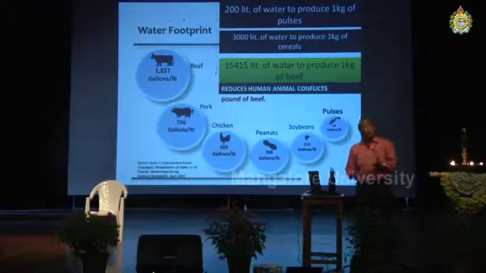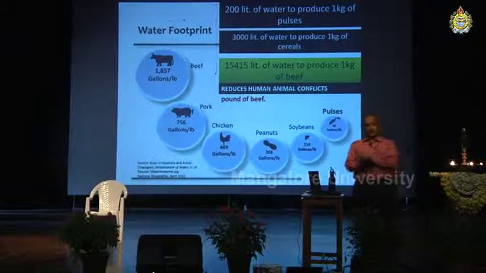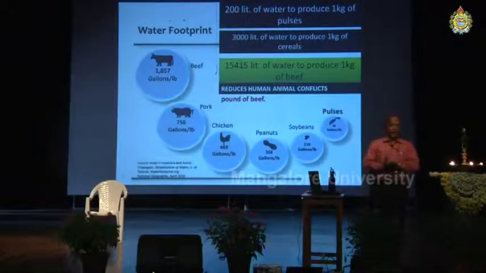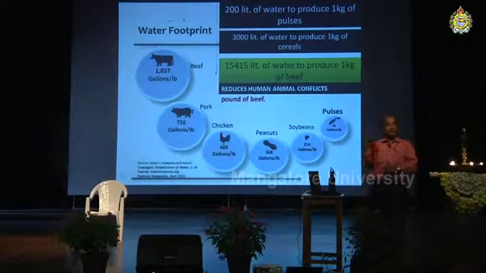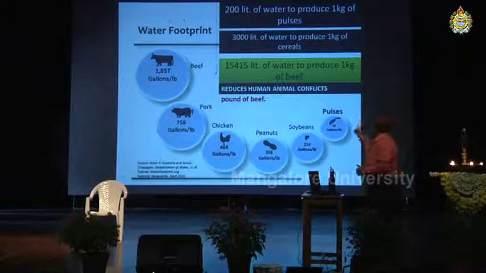If you look at your own plate every day at what you eat, you can also help in water conservation. The people who take pulses every day also help in water conservation, because to grow 1 kg of pulses you need only 200 liters of water.